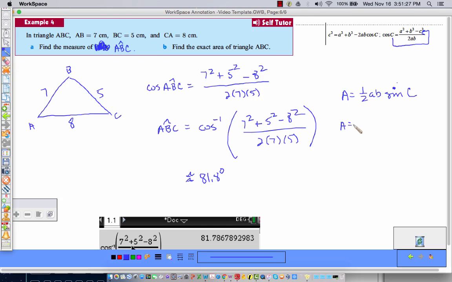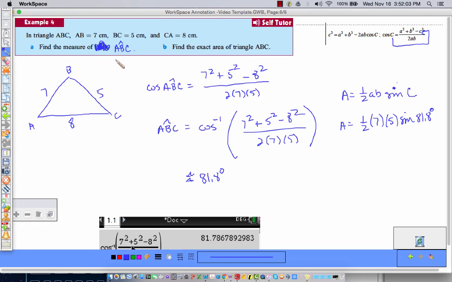So area would be equal to 1/2. I have angle B here, right? So I have to use the 7 and 5. So it's 1/2 times 7 times 5 times the sine of 81.8 degrees. Now I just realized I thought this is actually the exact number, but since I changed the angle in the original problem, it came out perfectly, and we had to.